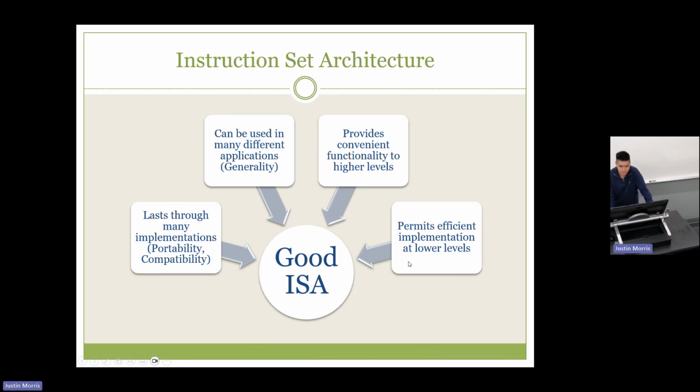So if we have too complex of instructions, then it's going to be a lot harder for us at the hardware level to optimize and pipeline, things like that. Because the ISA is the interface between software and hardware, and it needs to last a very long time, it's the most critical thing when designing your architecture.